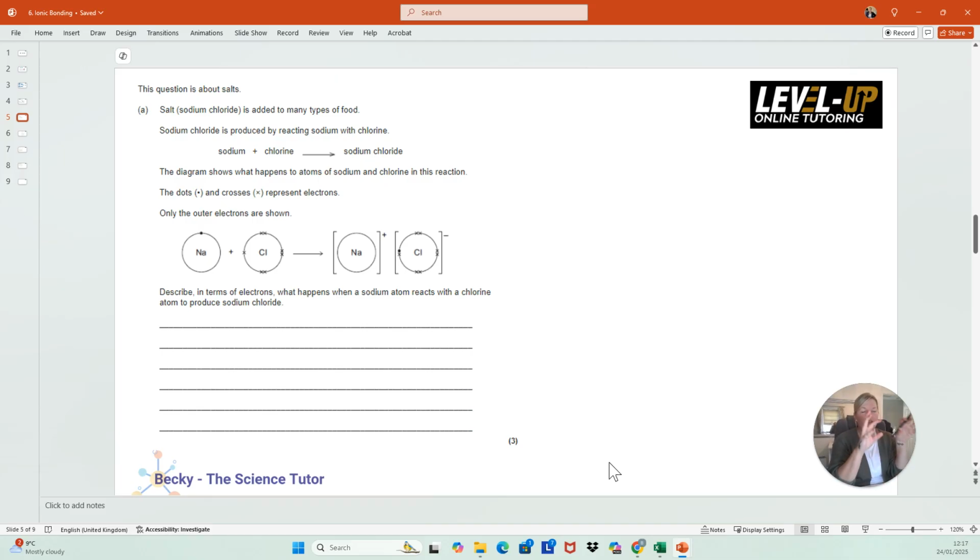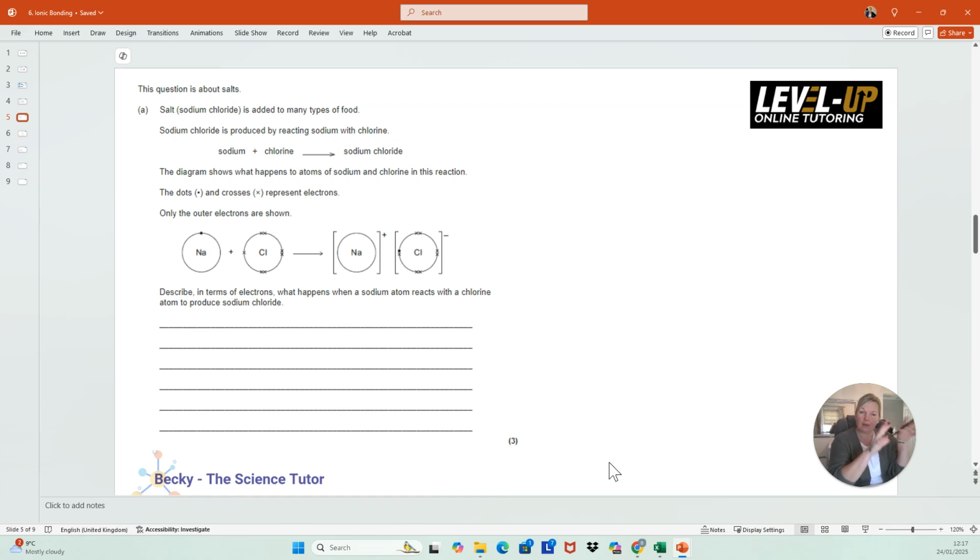We've got a diagram there, it's got the electrons on, it's got the charges on, and this is worth 3 marks. Sometimes they're worth 4, and for the additional 4th mark there will usually be a separate little sentence underneath that says something along the lines of, to gain full marks you must use the word atom, electron and ion.